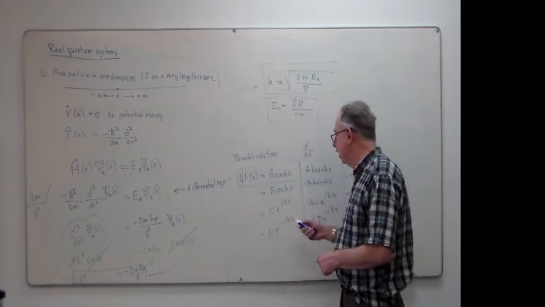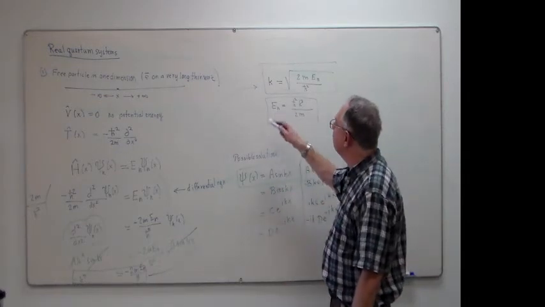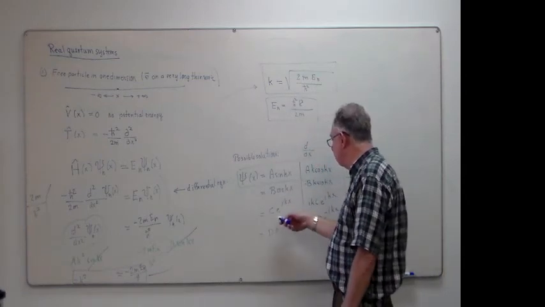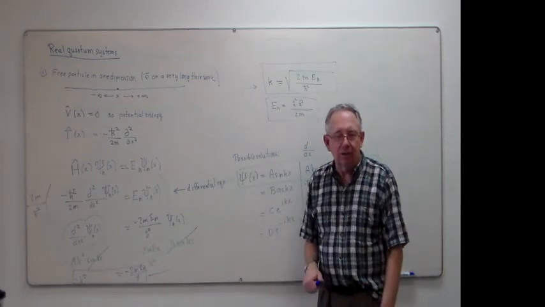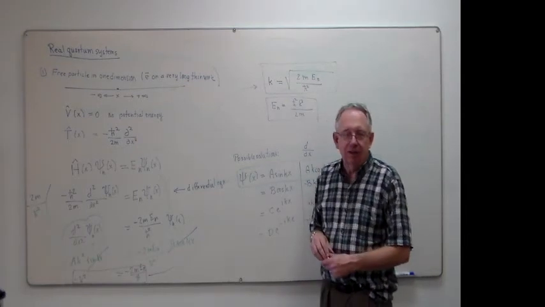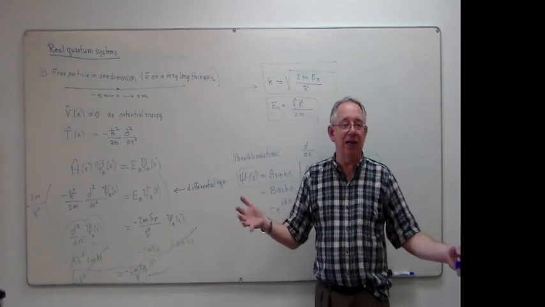In other words, go through this whole thing. Prove to me that b cosine kx and c e to the i kx work, that they solve Schrödinger's equation. So we've solved our first Schrödinger equation.